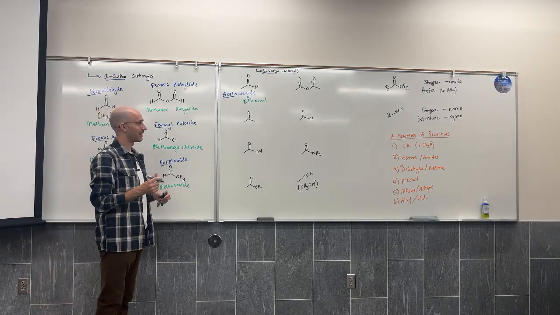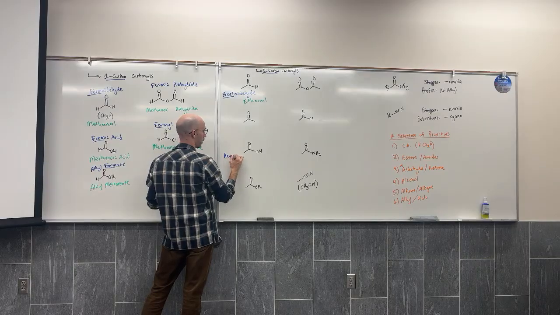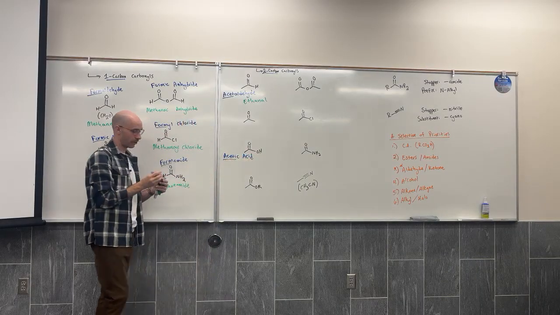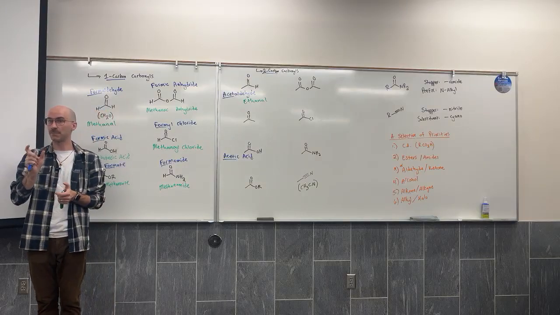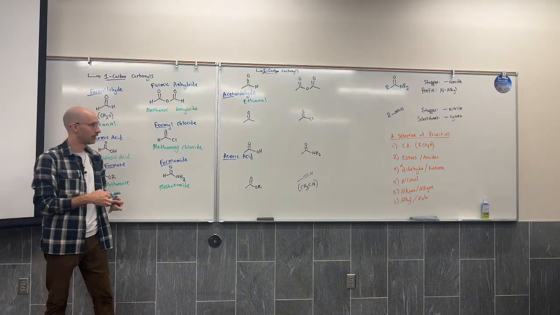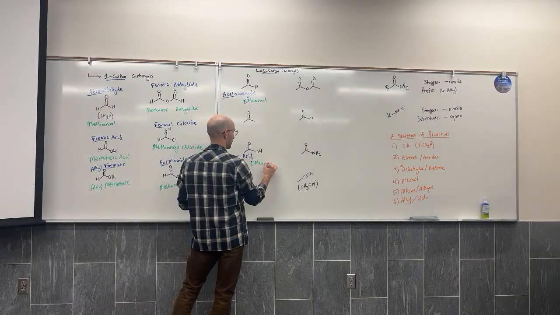I'm going to skip the next one. This is a compound you're all familiar with. This is acetic acid. Notice the acet part, telling us that we have a 2-carbon carbonyl, but it could be called ethanoic acid.